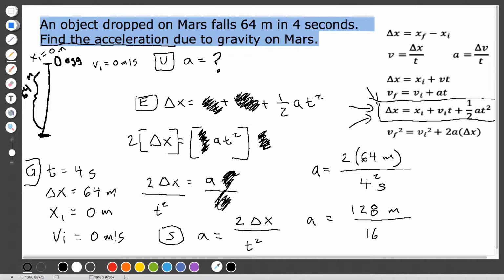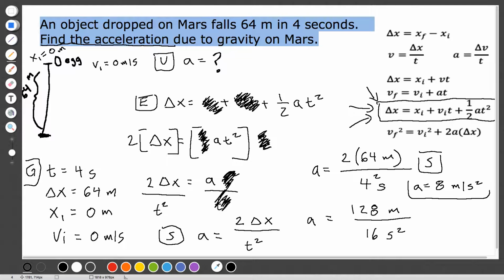So that's 16 seconds squared. Alright, 128 divided by 16. Now we got to solve it. I'm going to punch that into my calculator. 128 divided by 16 equals 8. So acceleration equals 8 meters per second squared on Mars.